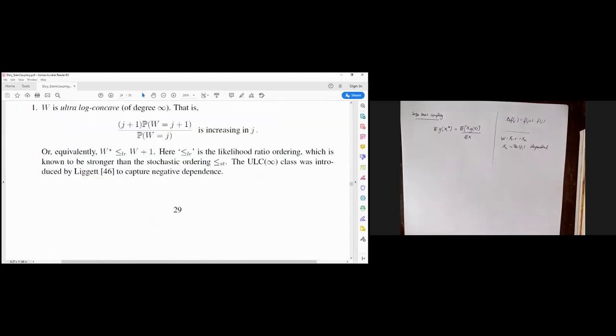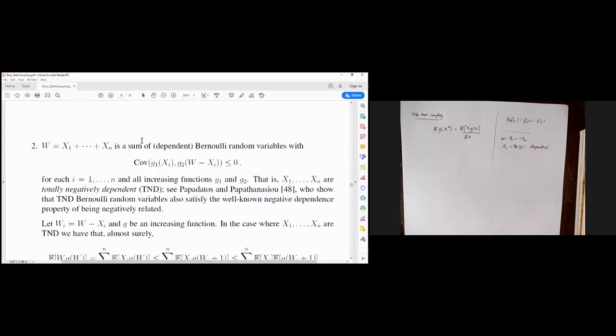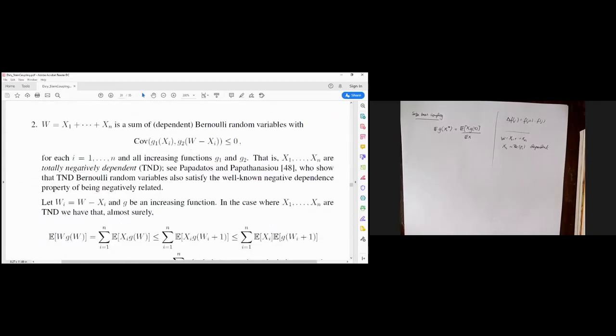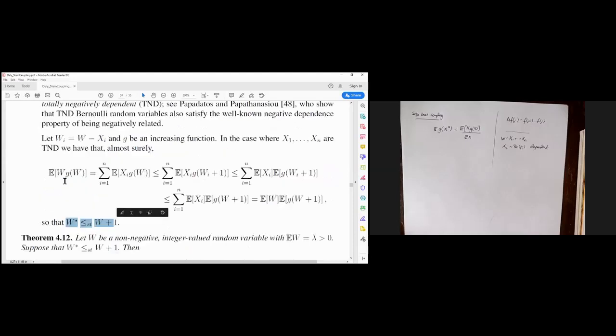So that is very much related to this somewhat more intuitive way of capturing negative dependence, this total negative dependence. I just want to convince you that if we are totally negatively dependent, then we satisfy this monotonicity condition that we're talking about.